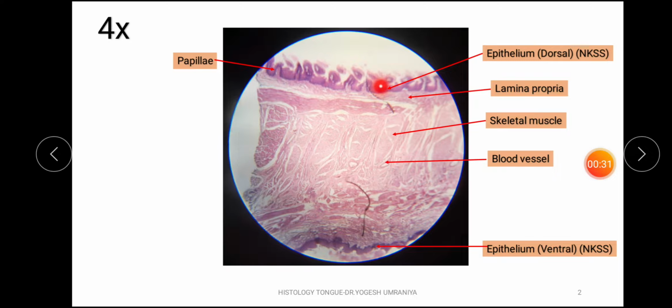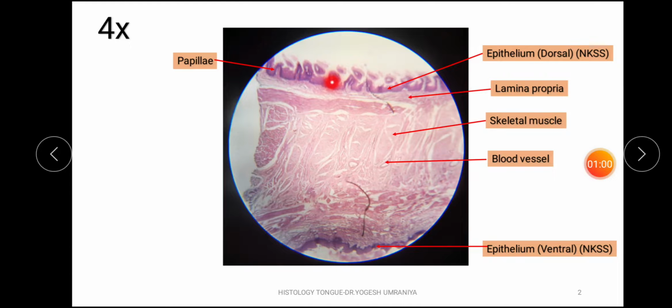And this epithelium is non-keratinized stratified squamous epithelium. Now below you can see this type of epithelium, which is situated on the ventral aspect. This epithelium is again non-keratinized stratified squamous epithelium, and on the epithelium you will see the papillae.